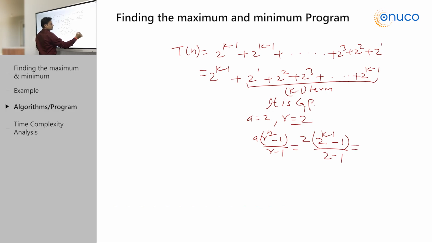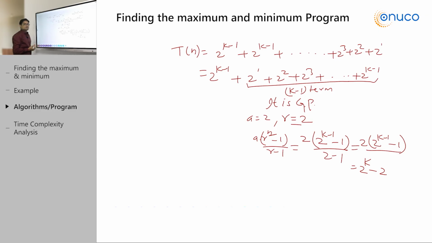If you simplify this, it is 2 into 2^(k-1) minus 1, since 2 minus 1 is 1. If you simplify this, what will that be? 2^(k-1) into 2, minus 2, so 2^k minus 2.